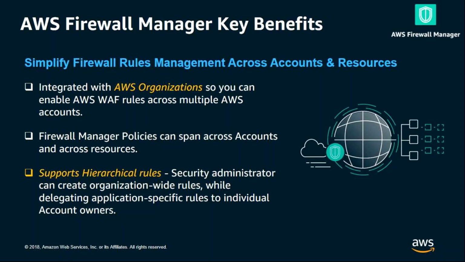What this really means is that by integrating with Organizations, Firewall Manager gives you the ability to apply rules across accounts without you having to worry about IAM permissions, creating roles, and delegating IAM permissions. Firewall Manager's integration with Organizations just takes care of all of those challenges.